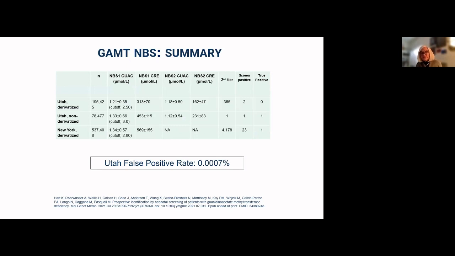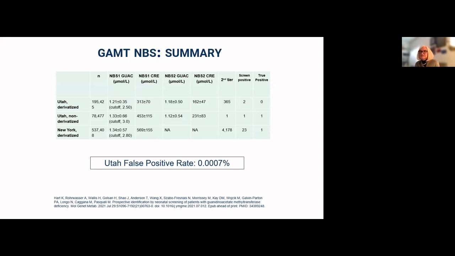And New York identified pretty much at the same time a baby with GAMT deficiency. Both children have been treated since birth, and as far as I know, they are doing very well. Again, the false positive rate in Utah has been in total 0.0007%, which is very, very low.